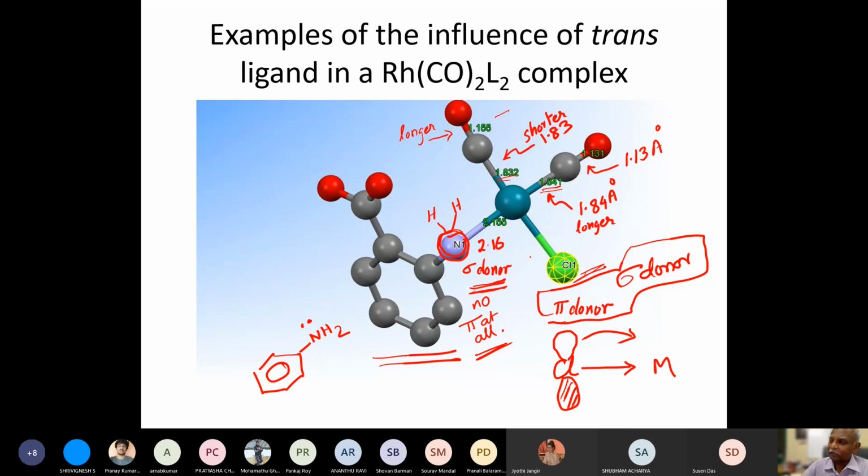So here the distances are very clear. This is shorter and this is longer. Carbon monoxide trans to the chloride is much more strongly bound than the carbon monoxide which is trans to the pure sigma donor. This is a pure sigma donor.